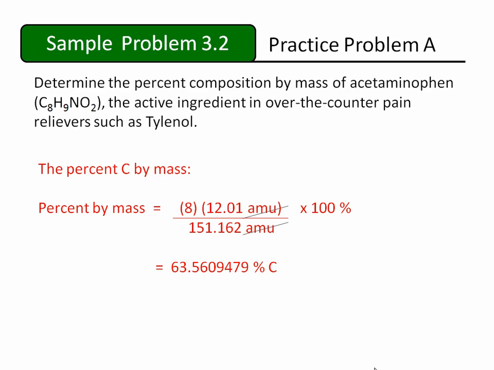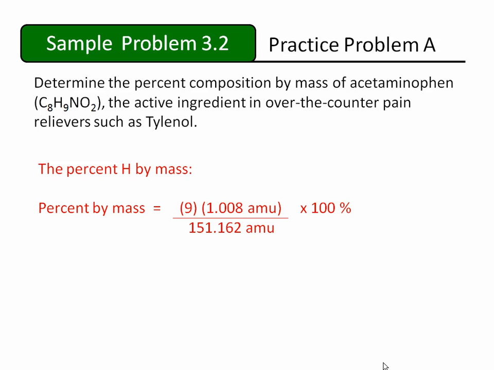My calculator says that the solution to this is 63.5609479%. Since we only know the average mass of carbon to 4 significant figures, this percentage should be rounded to 4 significant figures. Therefore, we'll call this 63.56% carbon by mass.